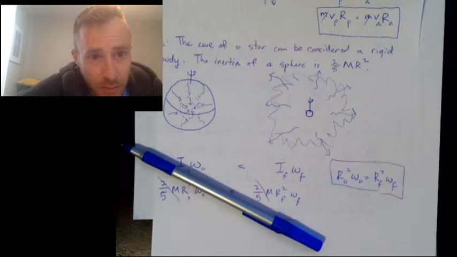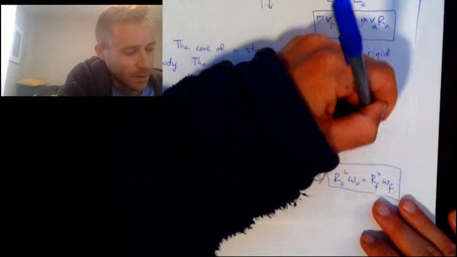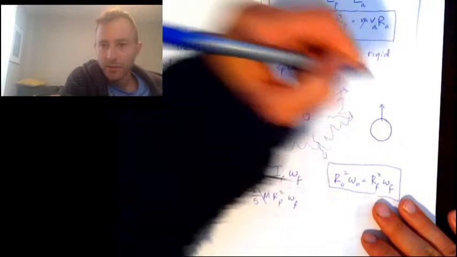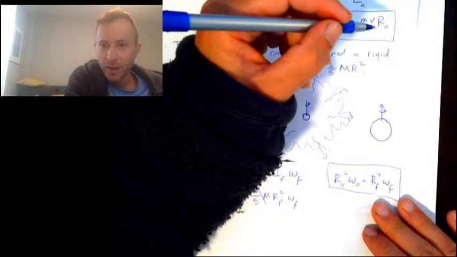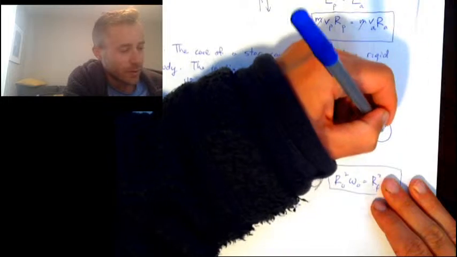Now here's the thing: you often get a neutron star that is spinning about one axis, but its magnetic north and south poles are about a different axis.